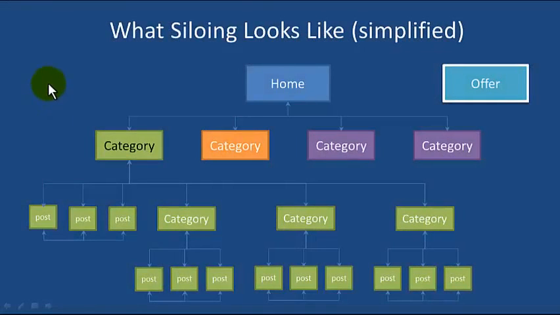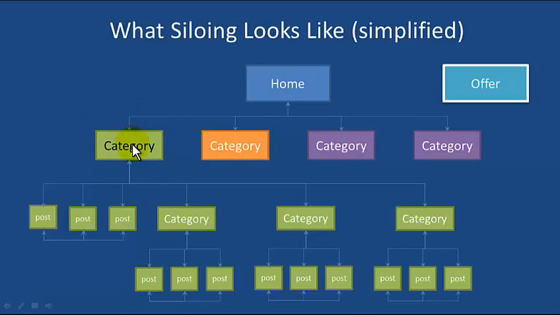Okay, so what does a silo-based website look like in a very simplified way? Well, if we look at this diagram, we immediately get a sense of calm and order, don't we? It's not like the previous diagram, which was linking everywhere to everything. You'll notice that we've got the home page, and it's linked to 4 top-level silos based on categories. Each one of these categories would be based around a particular keyword.